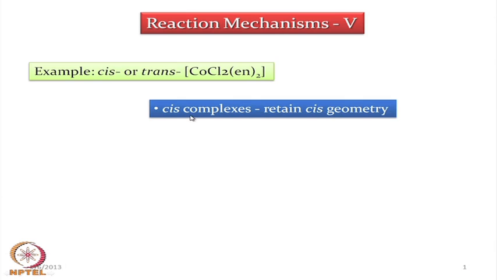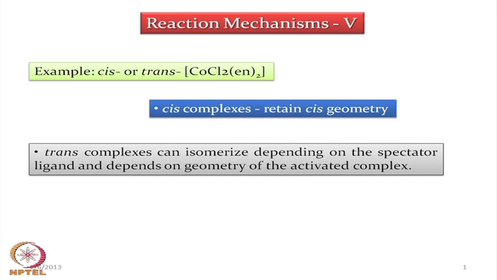So, these cis complexes are responsible for retention of the cis geometry. This is one such example of these cis complexes of cobalt, which retain their cis geometry, that means no other form is forming there.